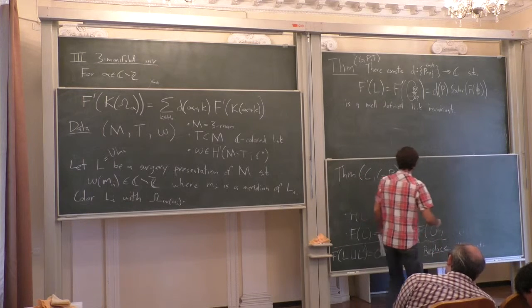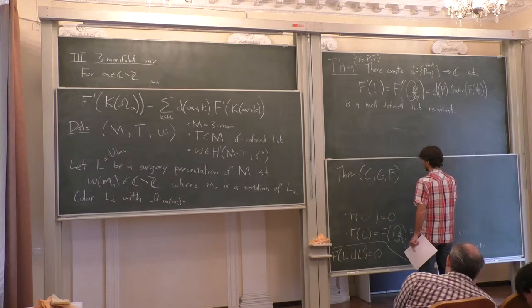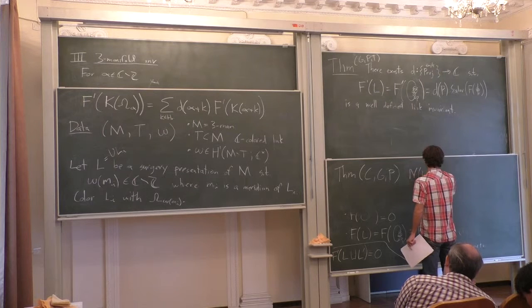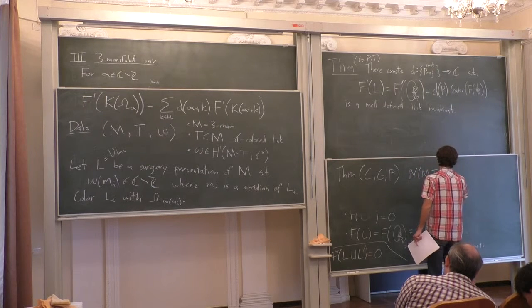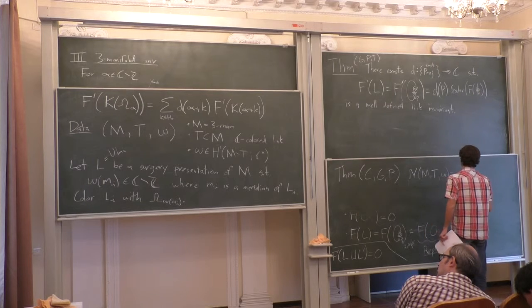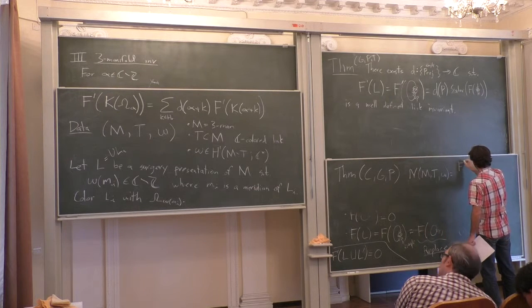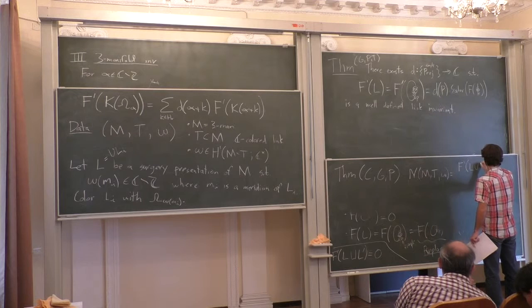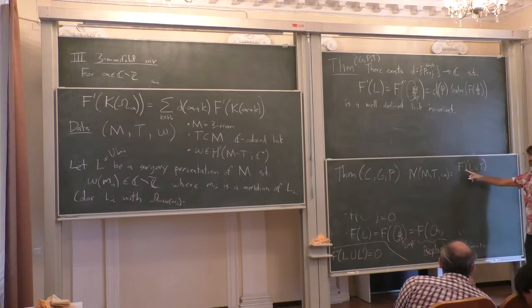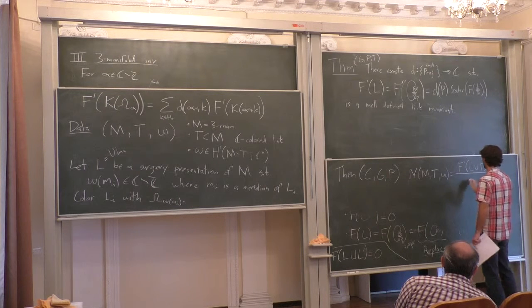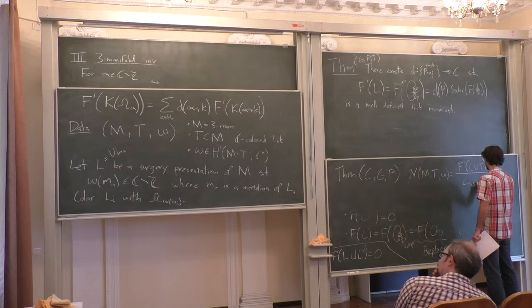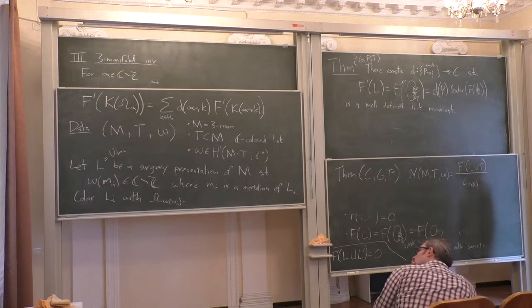And what we say is that N of M, T, this cohomology class, equals F prime of L union T. So this thing makes sense now because L is colored with the Kirby color. So it has at least one projective, and I have T. And now I need to divide by some constant that only depends on the linking number of L.